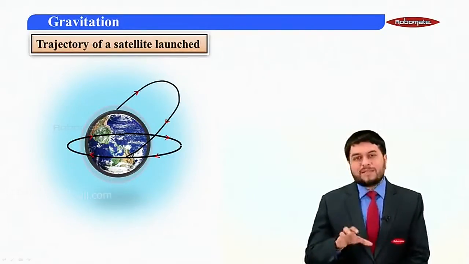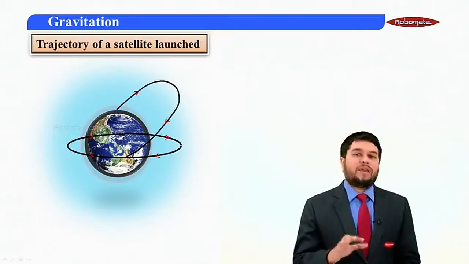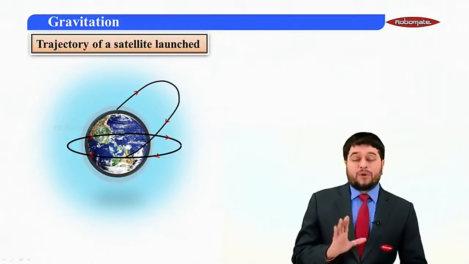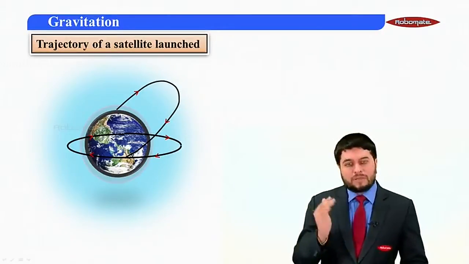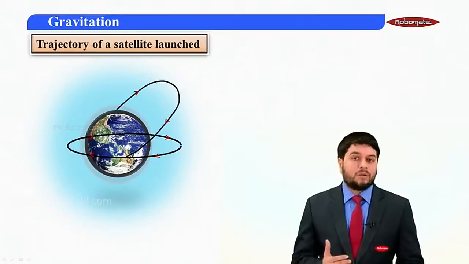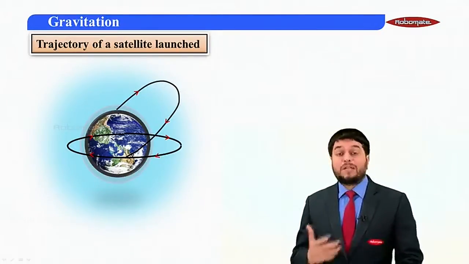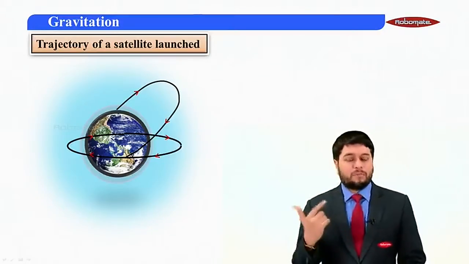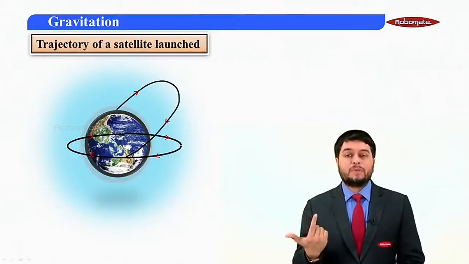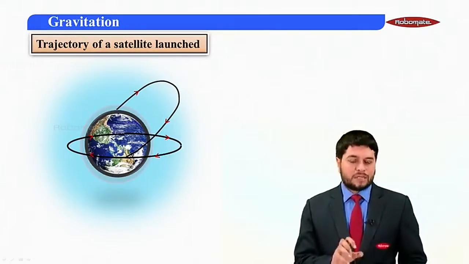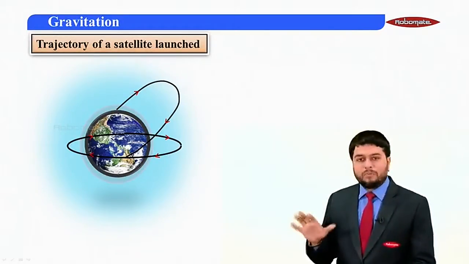Now, to understand in an elementary way how satellites are launched, we fundamentally divide the velocity with which it is projected into two components: a horizontal component and a vertical component. A vertical component to go to a certain height, and a horizontal component to push it into a circular orbit. Ideally we'll try to understand this separately, but practically both components are given together.